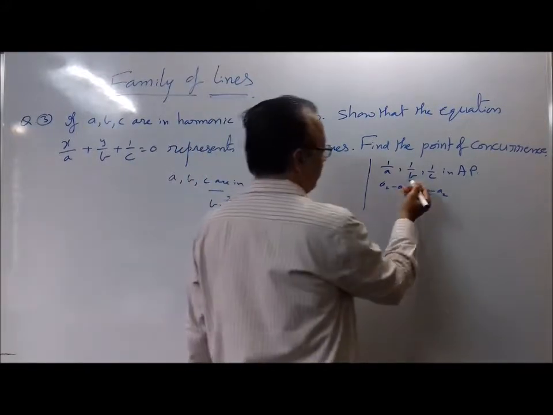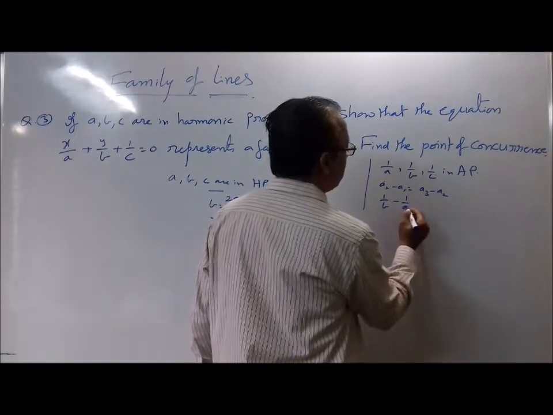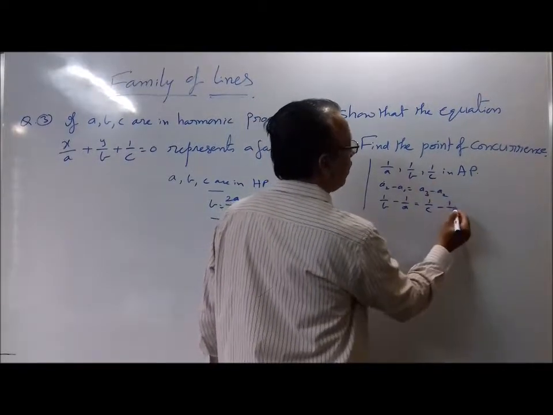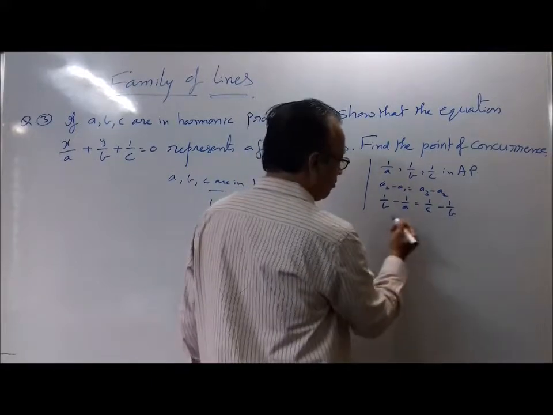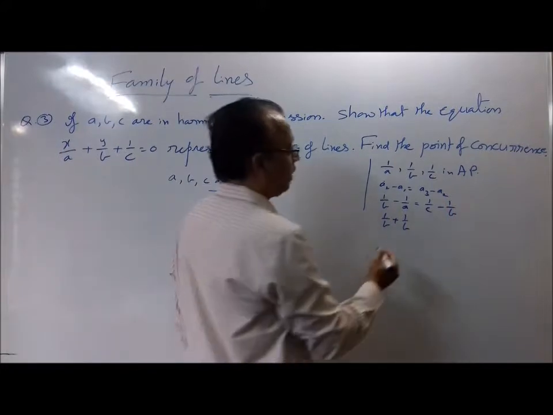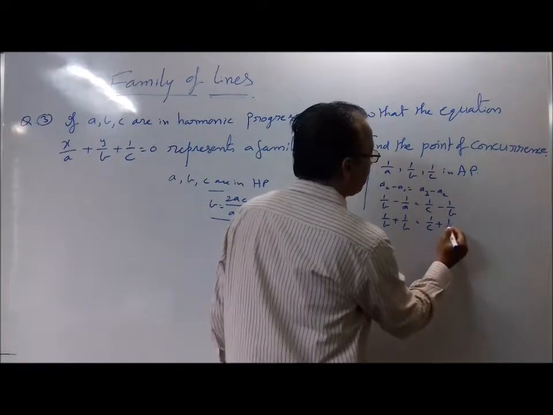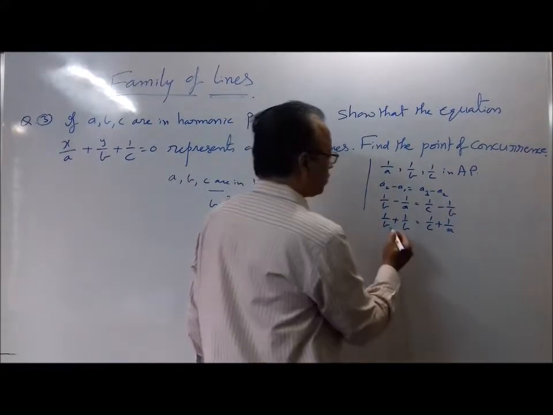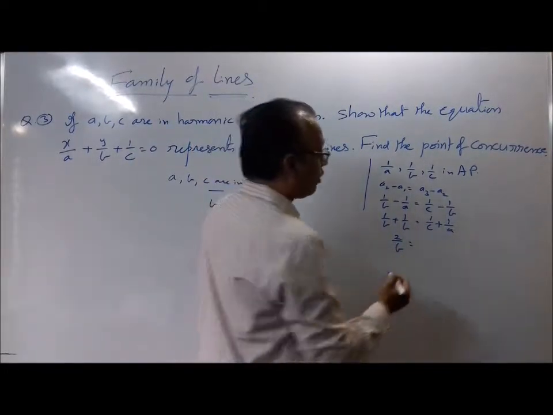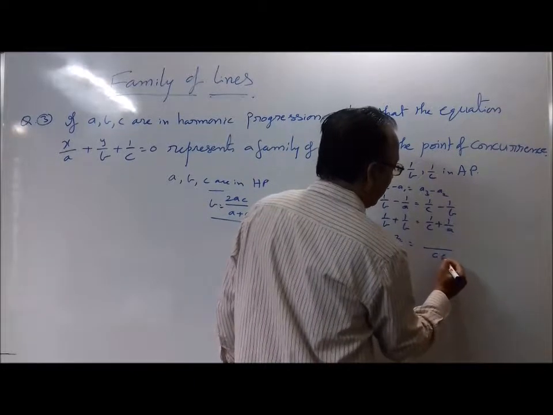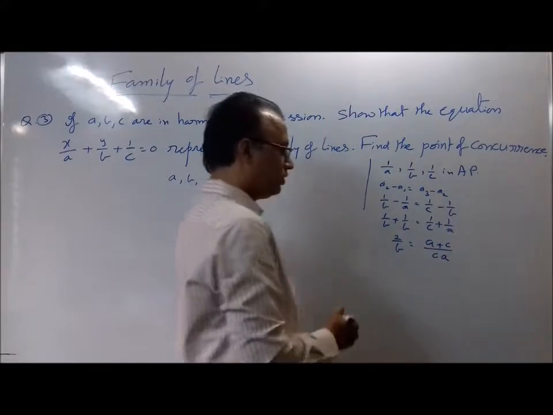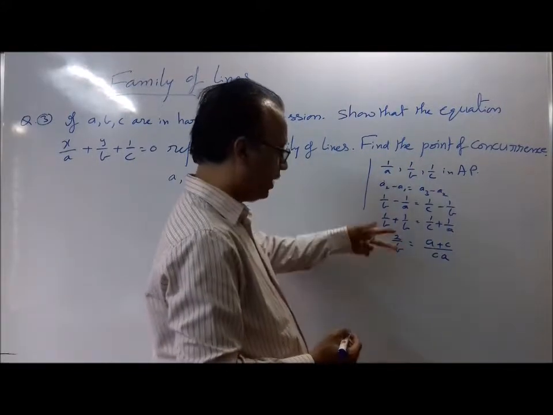See what is the common difference? 1 by B minus 1 by A is equal to 1 by C minus 1 by B. Minus 1 by B come this side, plus 1 by B is equal to 1 by C plus 1 by A. So this is nothing but 2 by B, right? So LCM here, C, A, so here it will come A plus C. So 2 by B equals A plus C by CA.